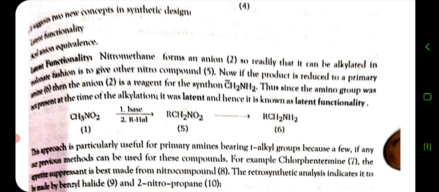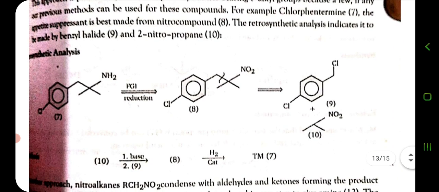chlorpheniramine is best made from nitro compounds, and the retrosynthetic analysis indicates it is to be made from benzyl halide and 2-nitropropane. In this reaction, benzyl halide and 2-nitropropane are made.